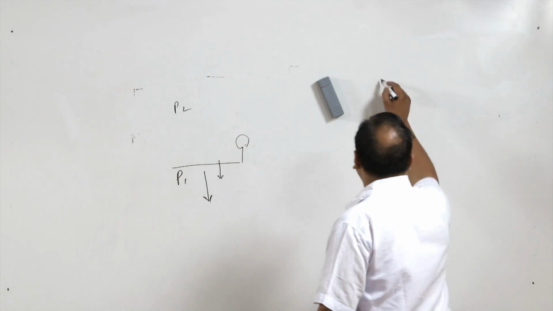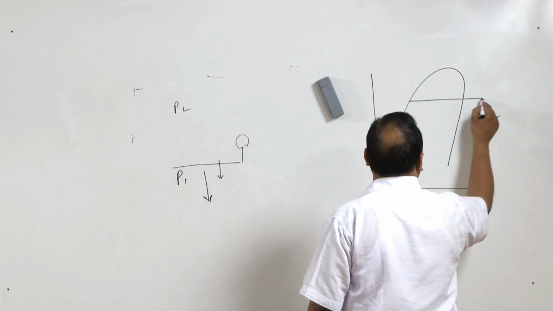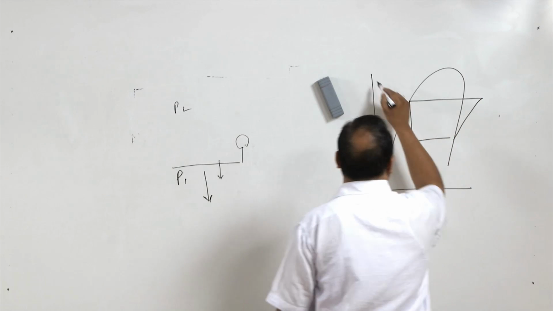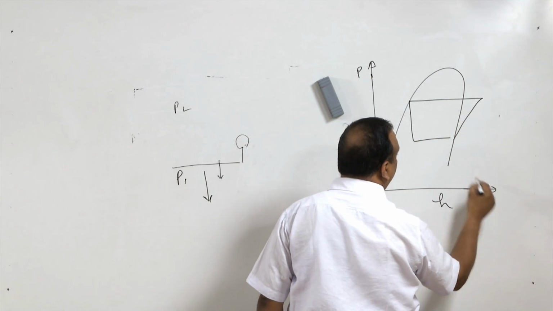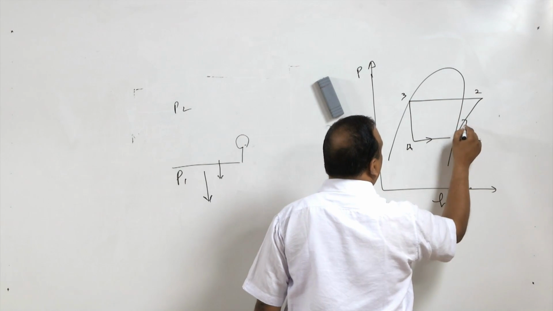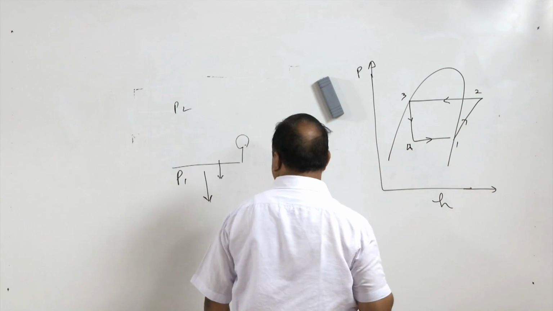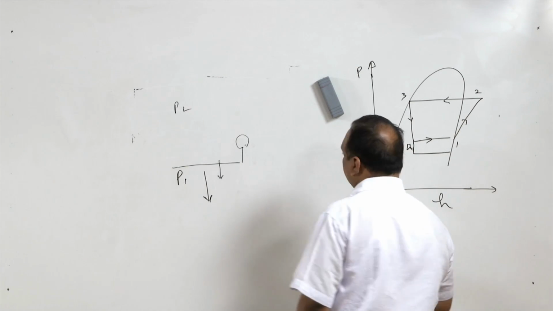what you are getting on a PV diagram, not PV diagram, pressure enthalpy diagram, state 1, 2, 3, 4. So if the pressure is going down, definitely the cooling capacity will reduce.